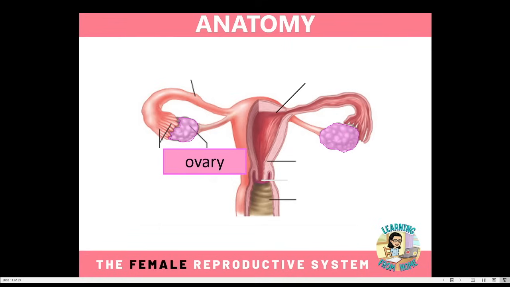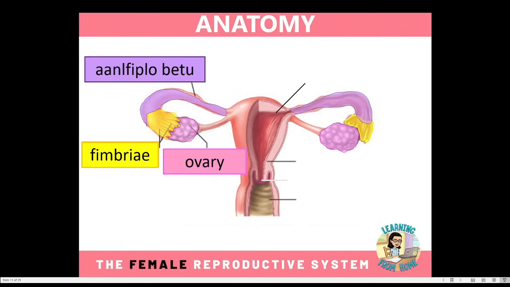Next, how about the parts highlighted in yellow? We call that the fimbriae. Next, this one, two long tubes, we call that fallopian tube.